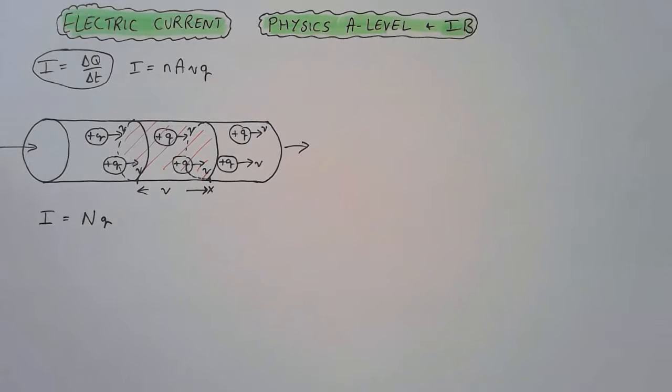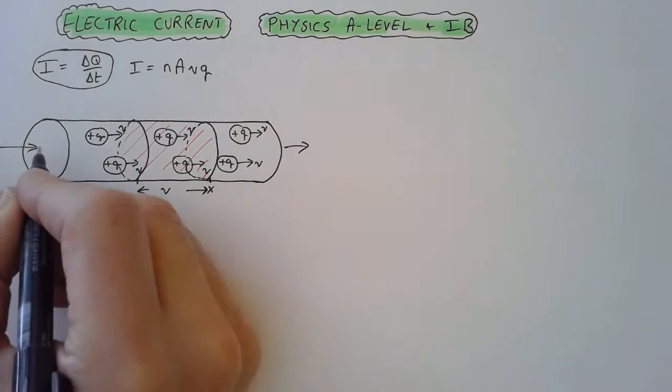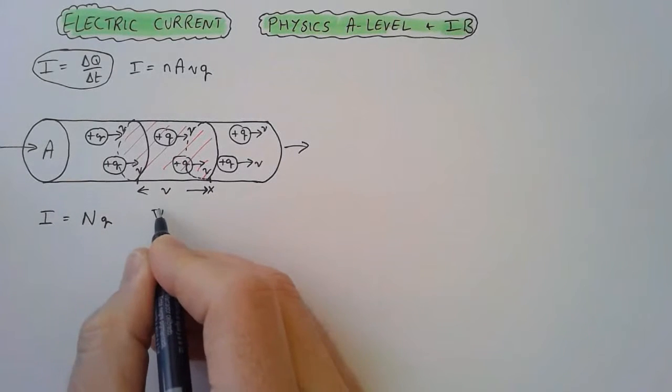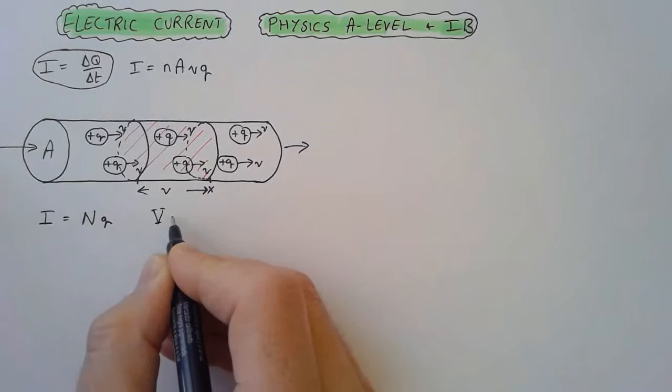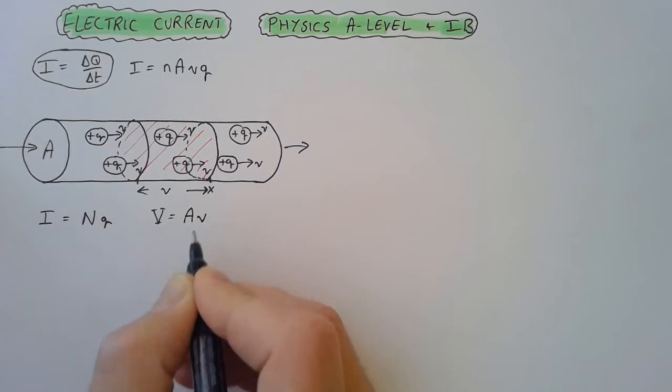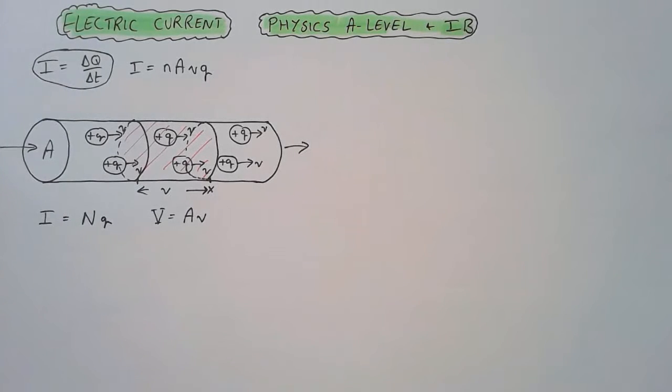Well, we know the size of the volume because if that pipe has a cross-section area A, then the volume of that space will simply be A times the length of the space v, because the volume of a cylinder is the cross-section area times the length. So the volume I'm looking for is Av, but what's big N? How many charged particles are in there?